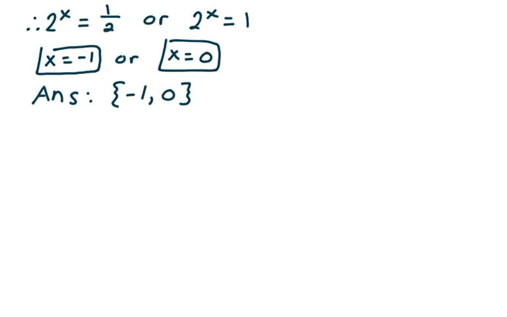And so that says 2 to the x equals 1/2 or 2 to the x equals 1. Solving for x, we get x equals -1 or x equals 0. And so the answer to example 1 is the set containing -1 and 0.